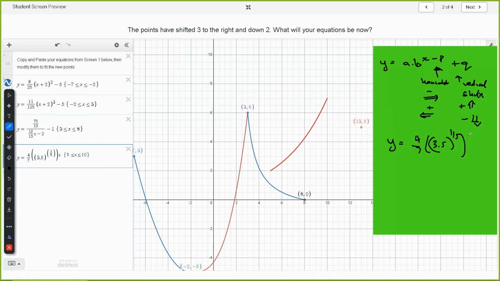And it was all to the power of x, by the way. That's a power of x, even though it looks like it's right next to it. So if I take this and look at my graph, let's say I take that point, I want to move it from negative 5 to 8. I can see that this is going to be a horizontal shift of, is it negative? Positive 5 to 8 will be plus 3.